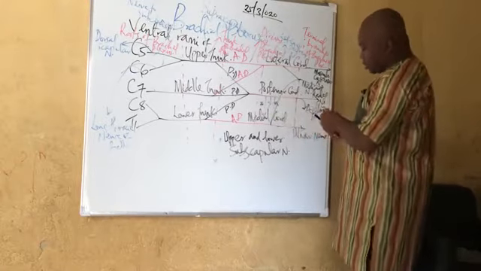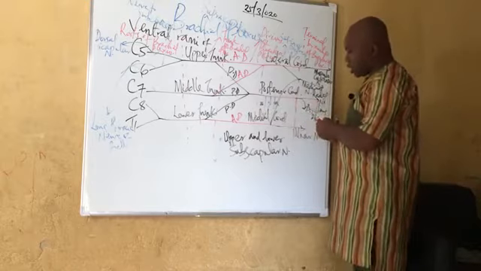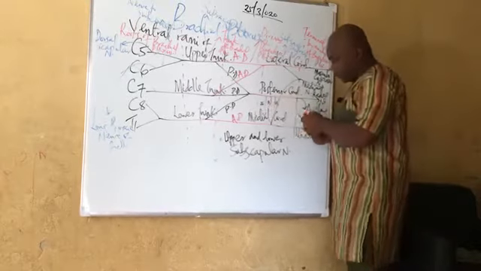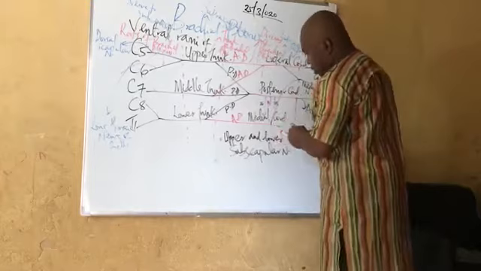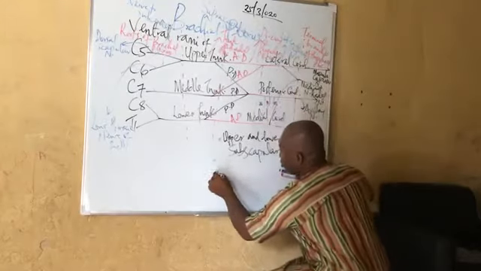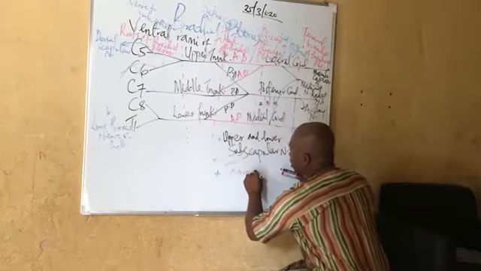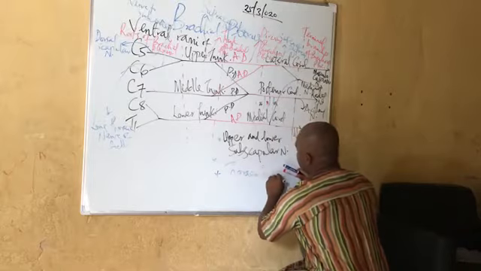The one in the middle is called the thoracodorsal nerve.